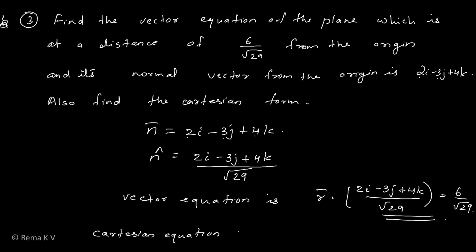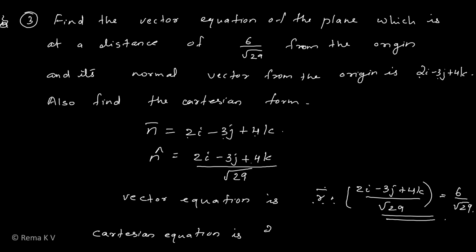How can you write the Cartesian equation? To write the Cartesian equation, we are considering this vector r as xi plus yj plus zk. When taking the dot product, i, j and k are replaced with x, y and z.